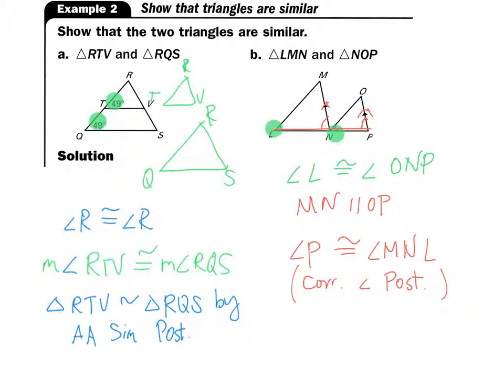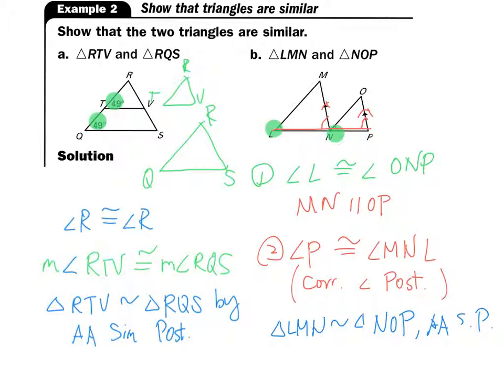Now I have the first set of angles being congruent, and then the second set of angles being congruent. So I can draw my conclusion that triangle LMN is similar to triangle NOP by the AA similarity postulate.